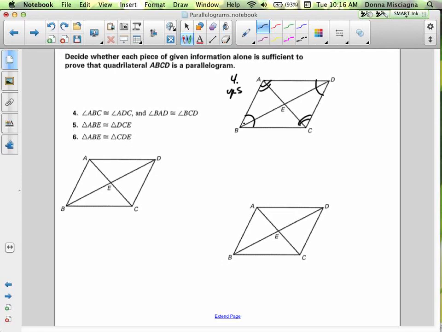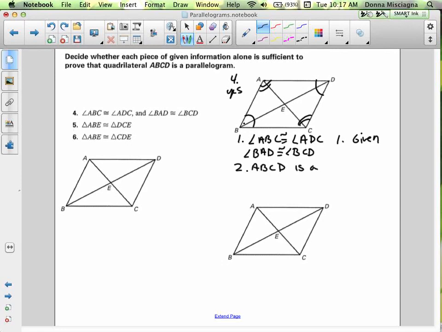Let's do a little proof. We'll start off, of course, with angle ABC congruent to angle ADC, and angle BAD congruent to angle BCD. This was given. And therefore, this is a short proof.